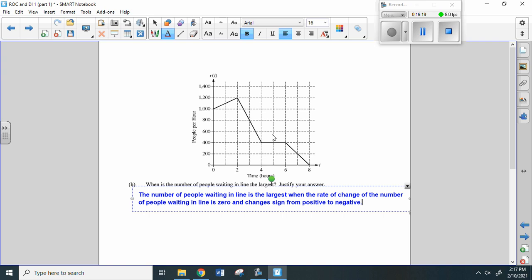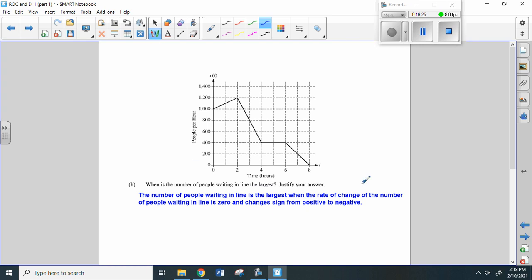Okay, well, remember the rate of change of the number of people waiting in line is w prime of t. And so I want to know, when is it equal to 0? And we already figured that out in the previous part. That happens when time equals 3 hours.